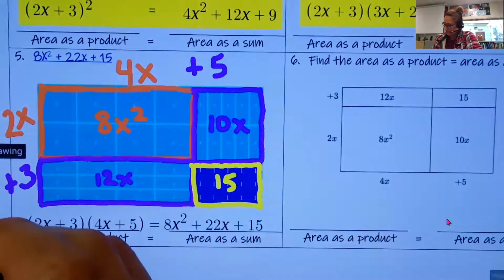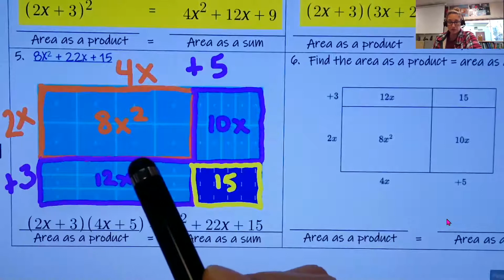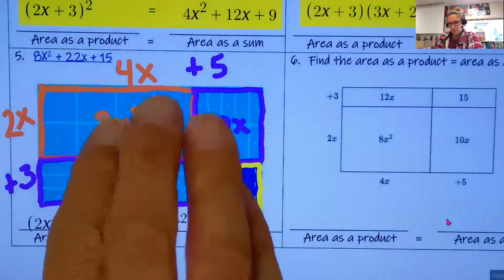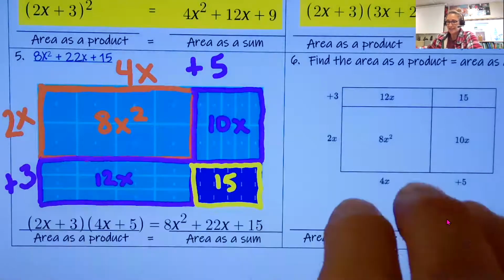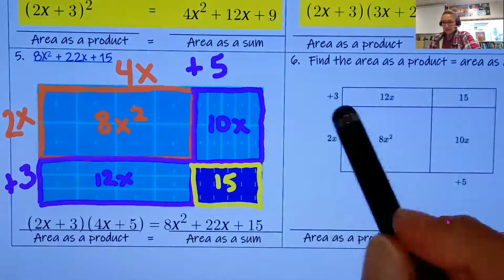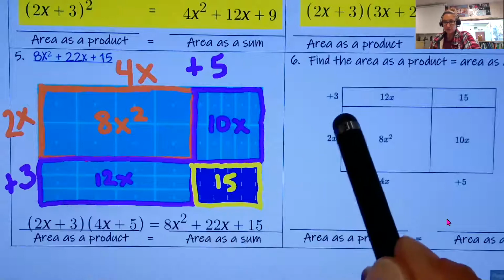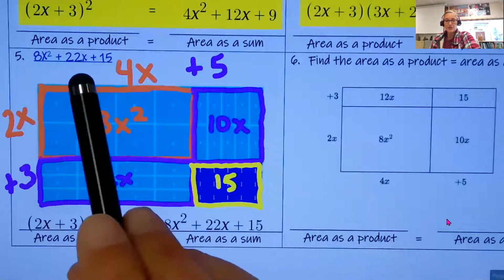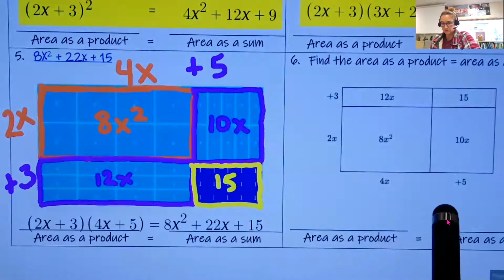Is there an easier way to go through doing problems like this? We're trying to see the relationship between this with algebra tiles and this over here, which is called an area model. You'll notice that this is 2x plus 3, this is 2x plus 3. This is 4x plus 5, this is 4x plus 5.